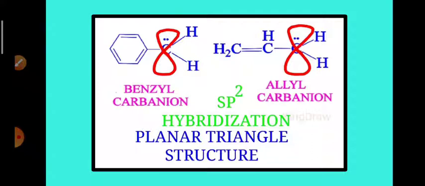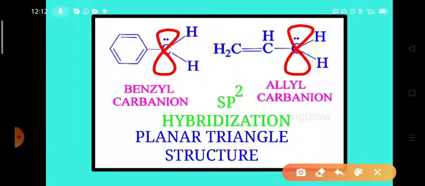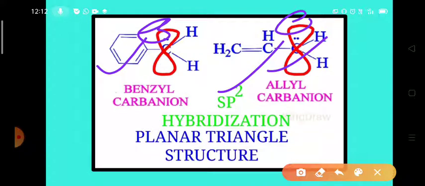In the benzyl carbanion and in the allyl carbanion, the carbon which has the negative charge shows sp2 hybridization, and the lone electron pair is present in the pure p orbital of the carbon. Only then is resonance possible for that carbon with the other carbons of the allyl and benzyl carbanions.